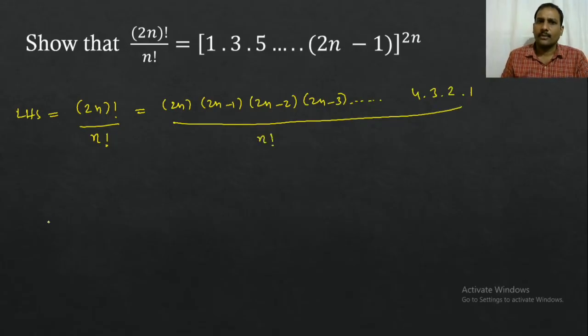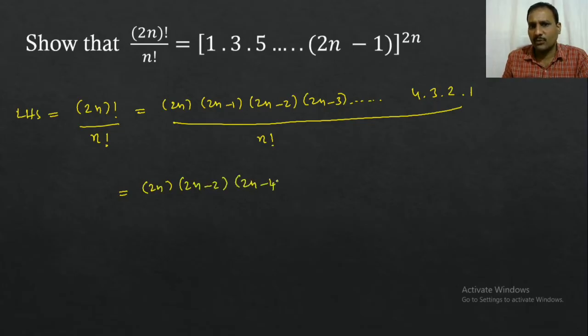And it can be written as, now let us separate all the even numbers first. That is 2n into 2n minus 2 into 2n minus 4 and so on, 4 into 2. These are the even numbers. And what are remaining?